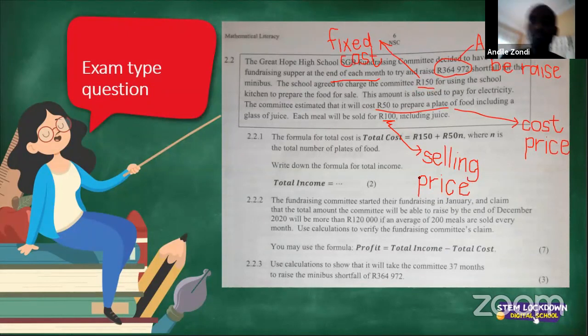We've discussed what the 50 stands for. And you all know that n is the total number of plates of food, right? So you should all understand where the 150 comes from, where the 50 comes from, and where the n comes from.